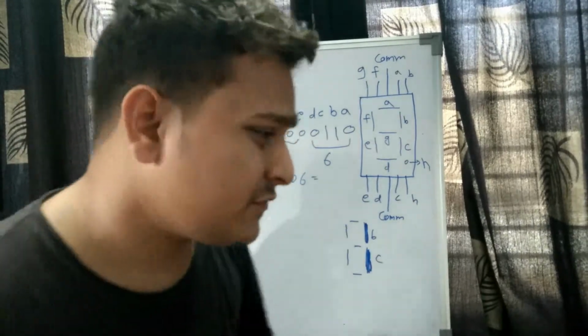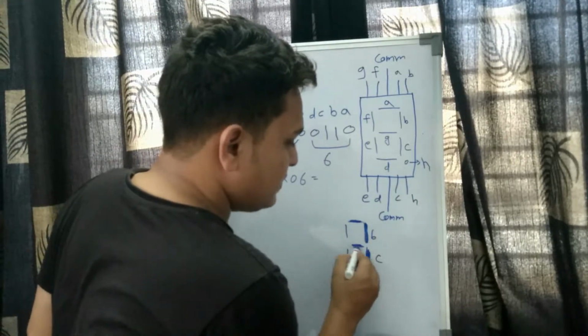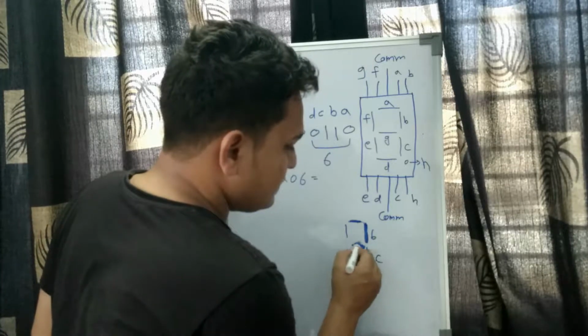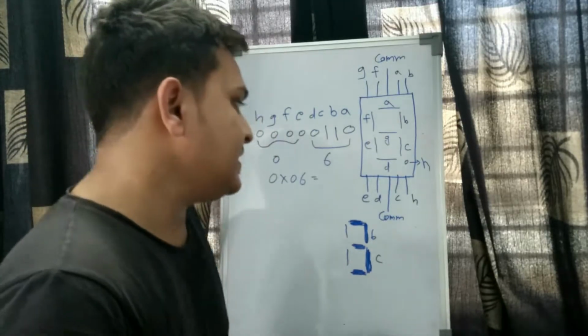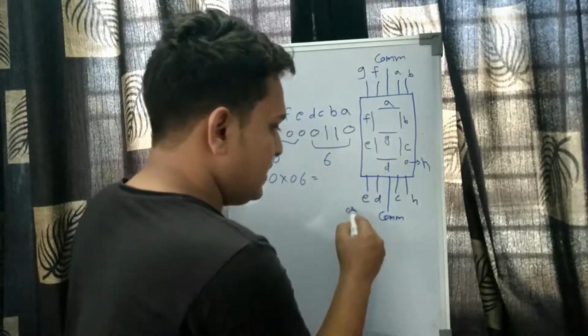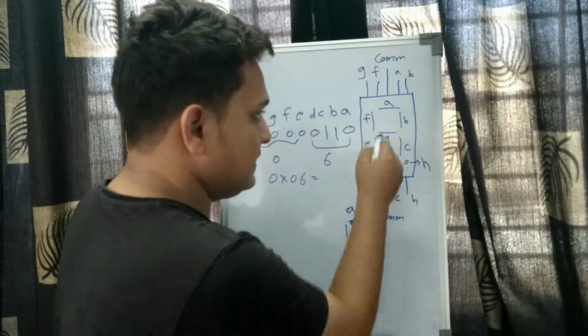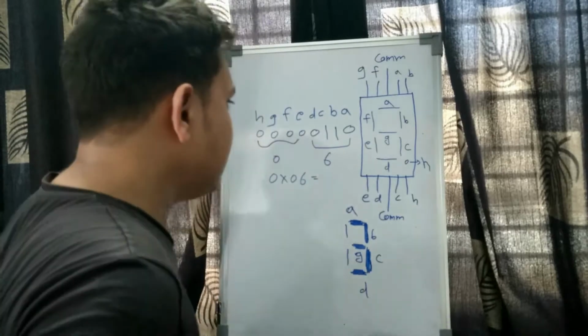Now let's try one more. I want to make the 3. So I have to glow these LEDs. You have to find the names of these LEDs. This is A, this is B, C, and this is D, and this is G. So now you have to glow these LEDs.